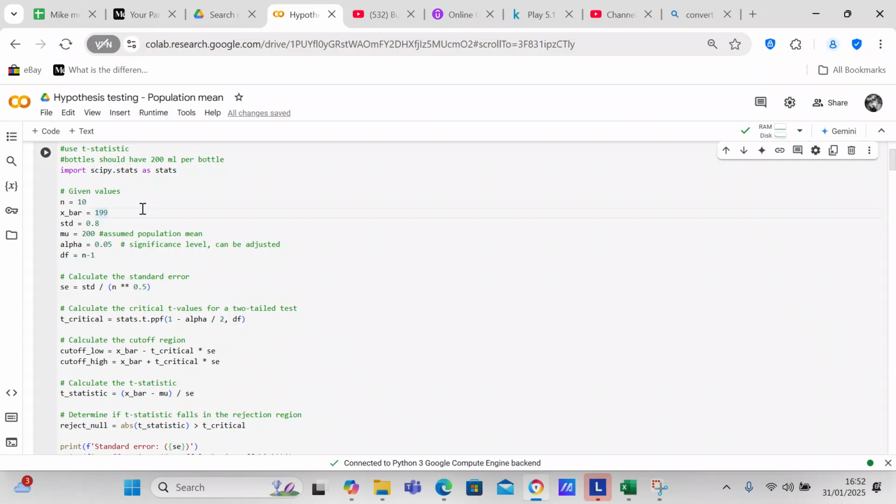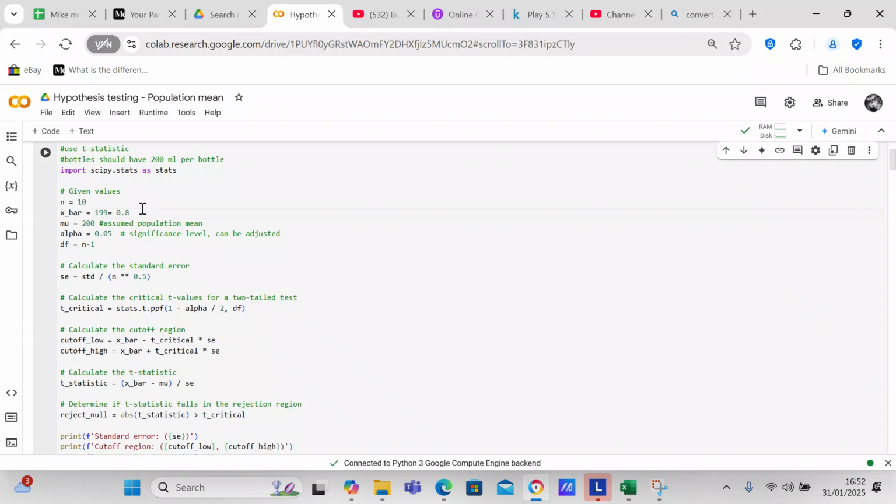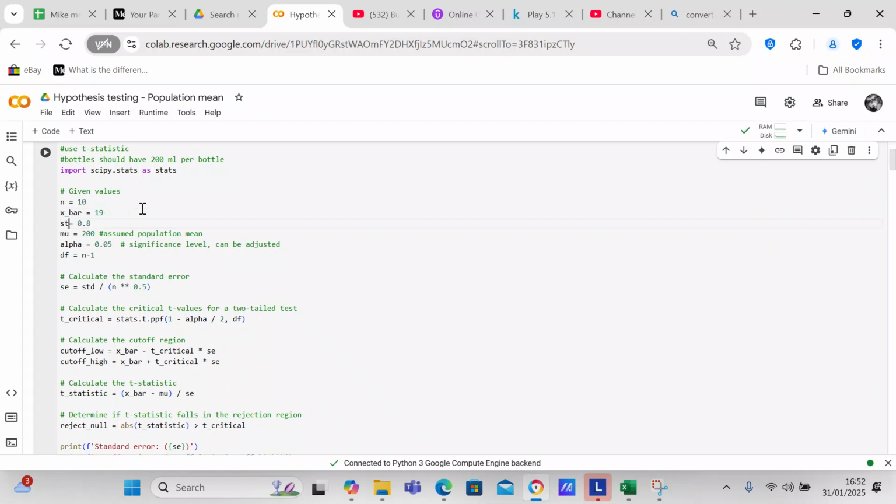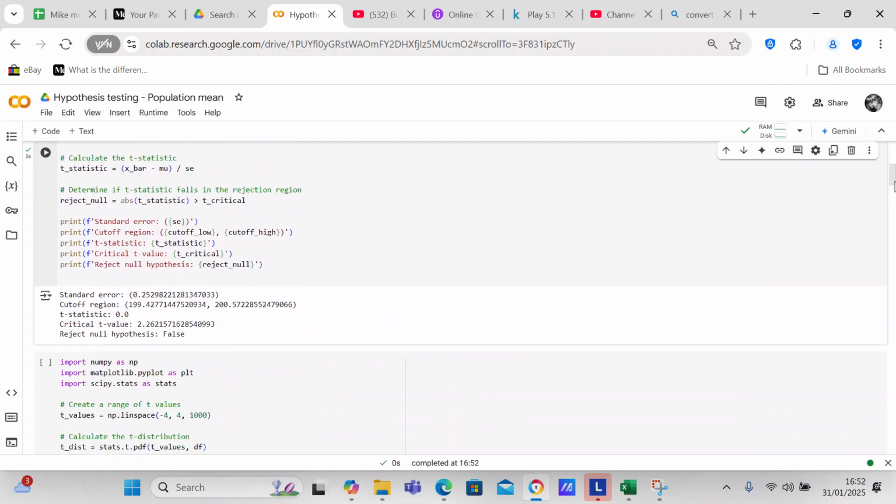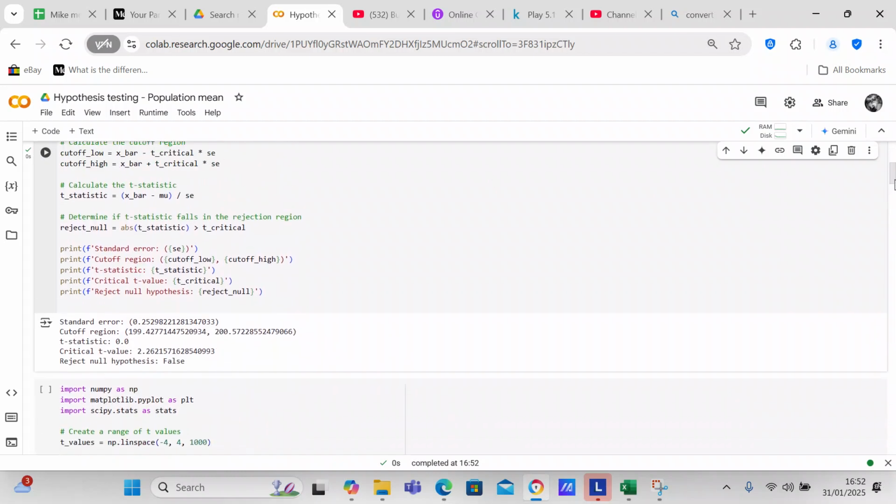But what we can do is we can check here. We can make X bar 200. And then it says reject null hypothesis is False. That means that you cannot reject the null hypothesis because the weight of the bottle is 200 milliliters.